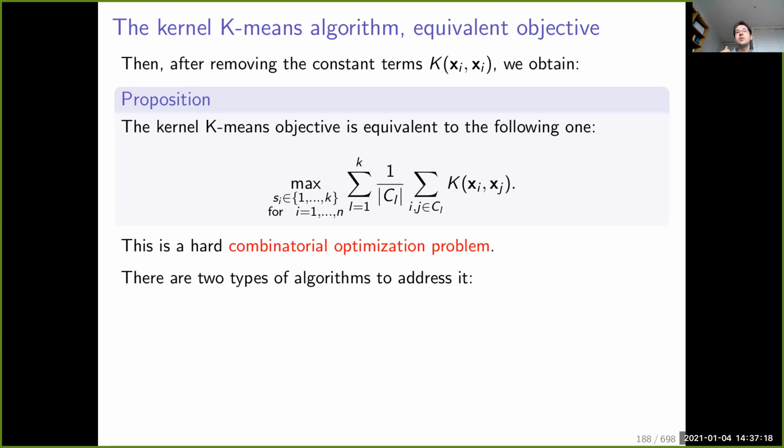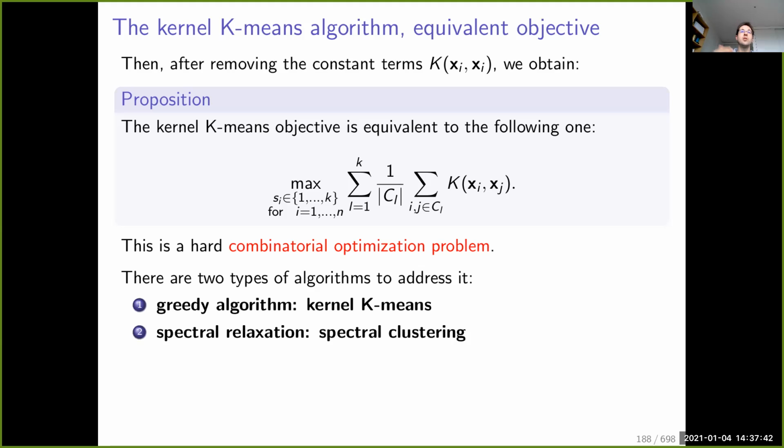And here we really see that this is about ordering the columns and the rows of the kernel matrix, maximizing the sums over diagonal blocks. This is really a combinatorial problem, which in fact can be shown to be NP-hard. And here come a bit of classical recipes to address combinatorial problems.